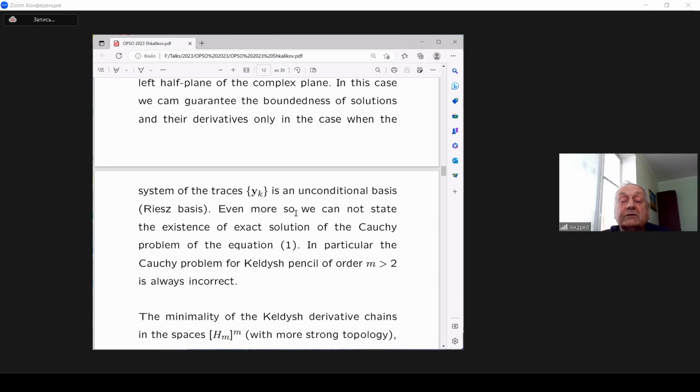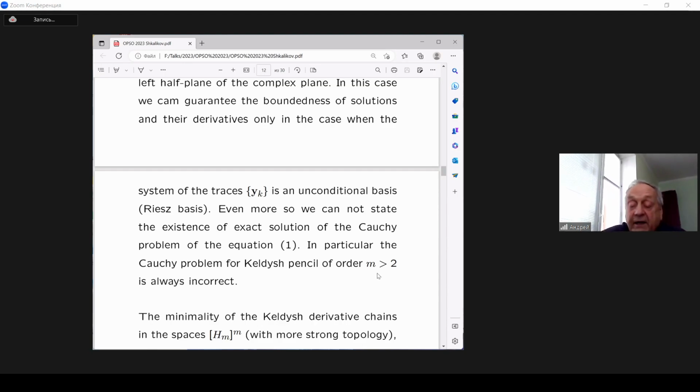Even more so, we cannot state the existence of exact solutions of the Cauchy problem of equation 1. In particular, the Cauchy problem for a Keldysh pencil of order m greater than 2 is always incorrect.